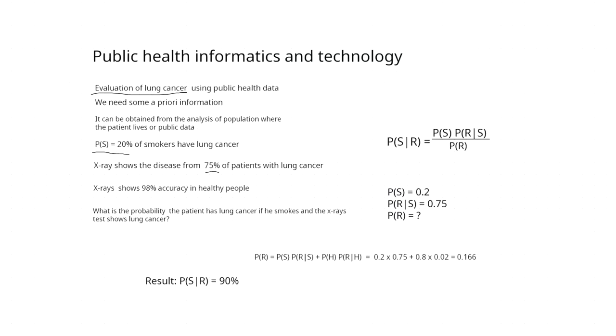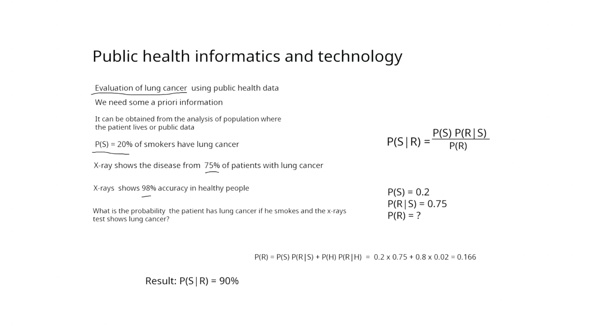In healthy people, X-rays won't detect anything. So this means 98%. And only in 2% or 1% of healthy people, they don't have lung cancer, but X-rays will show some intermediate results showing that probably this person has lung cancer. It's about 1%, 2%, depends on the system.